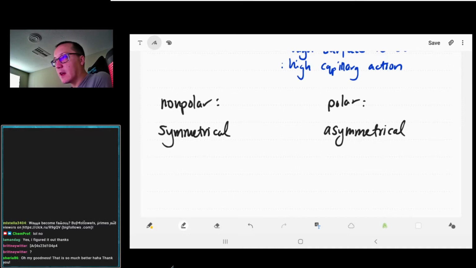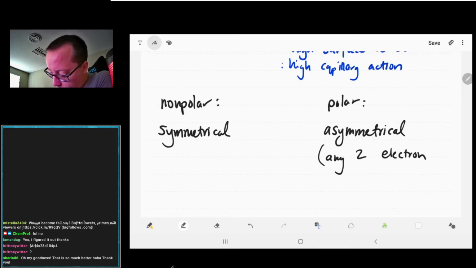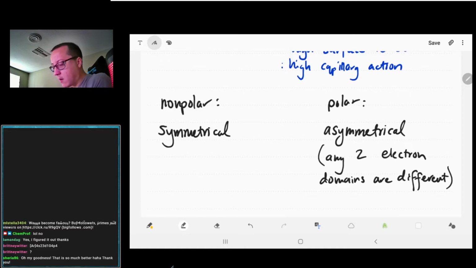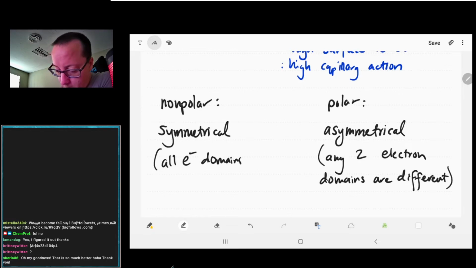So this is kind of your easy way to check if something is polar. Another way to describe that would be, if any two electron domains are different, it's polar. And this would then mean that all electron domains are the same, so it's nonpolar.